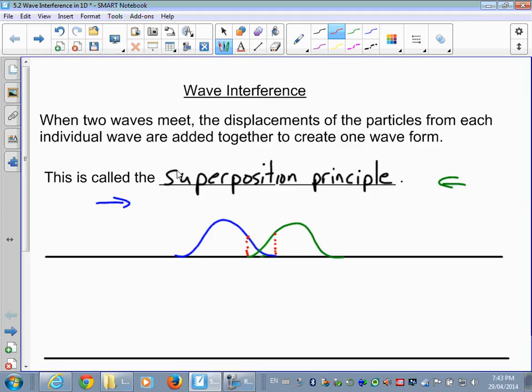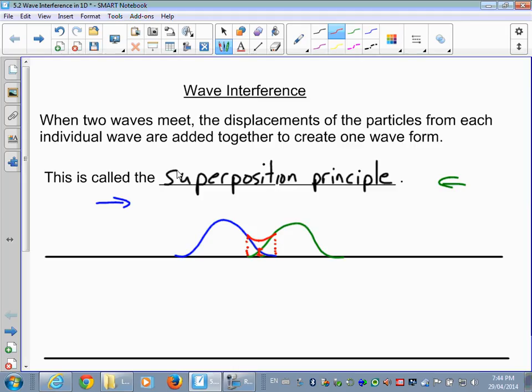In the middle, their displacements end up adding together. So you've got a little displacement from there to there, but you're going to double that. So one for the green wave, one for the blue wave, it would add up together and you'd get a displacement somewhere in that range. And so our wave from this point to that point might look kind of like this.